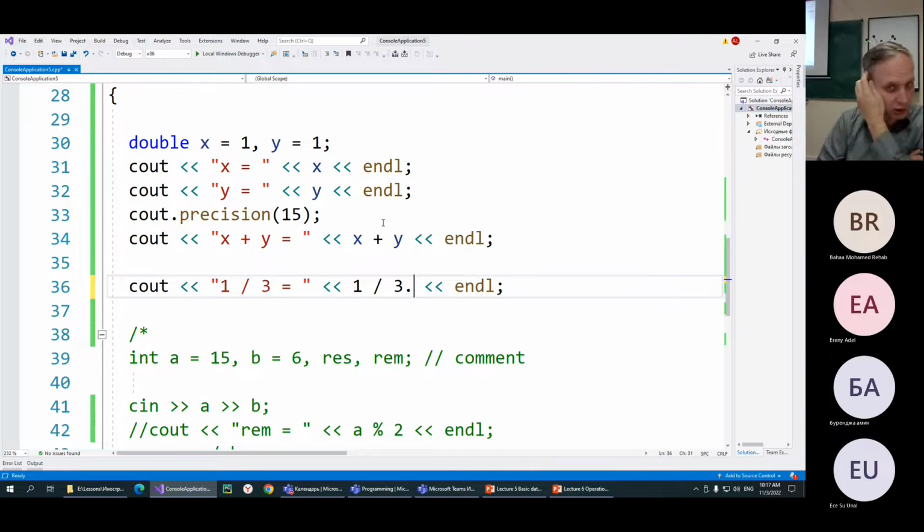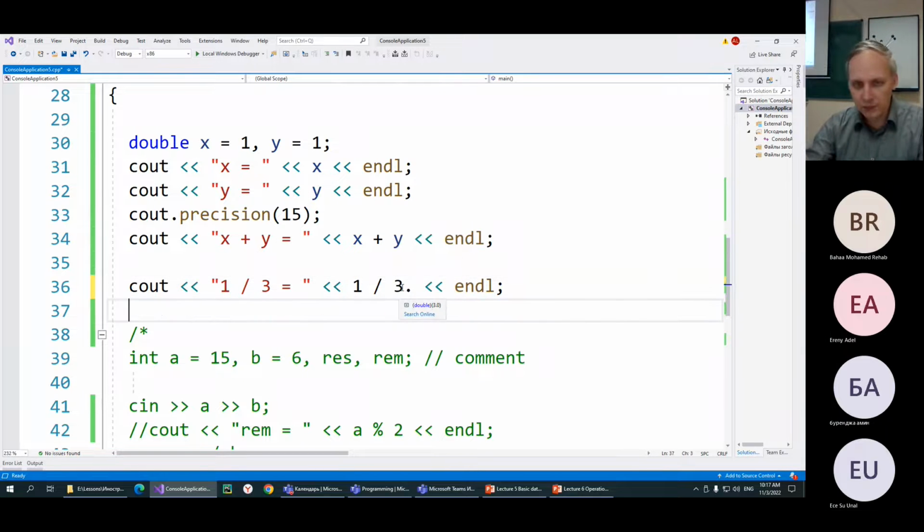And this point will be the indicator that this number is not an integer, but a float or double. Again, if you move your mouse here, Visual Studio outputs you a hint that this 3. is a double.